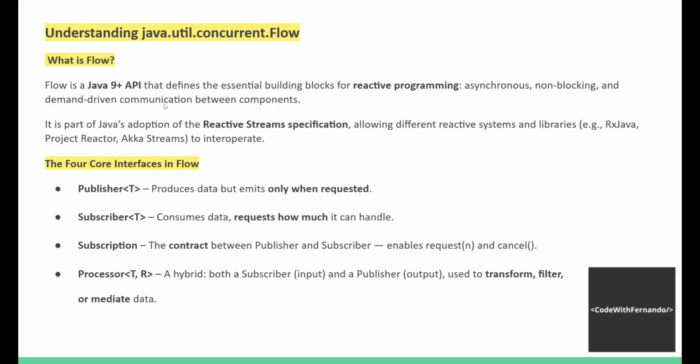Flow is a Java 9 specification that defines the building blocks for reactive programming: asynchronous, non-blocking, and demand-driven communication between components. It is part of Java's adoption of the Reactive Streams specification, allowing different reactive systems and libraries to interoperate.